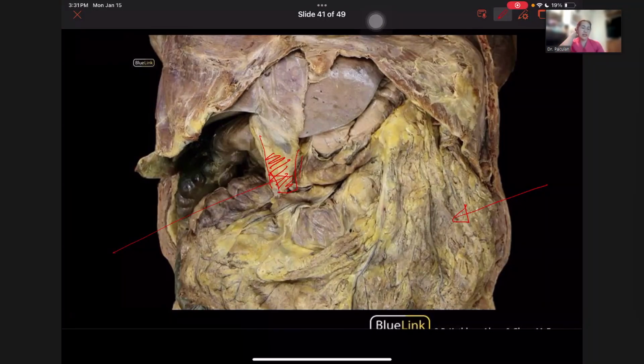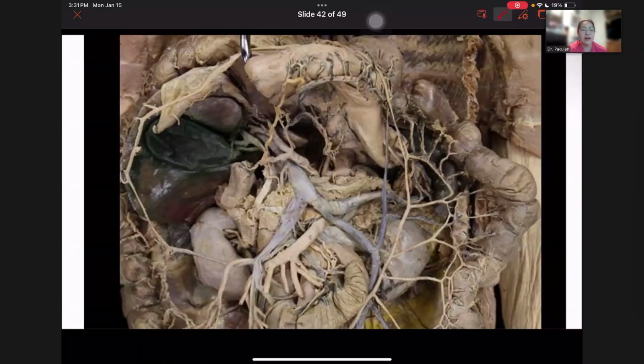Okay, now let's talk about the omental bursa or lesser sac. The greater omentum is considered your greater sac, but in your lesser omentum, when you open it, you can see your lesser sac or the omental bursa. It's a hollow space formed by your greater and lesser omentum and its adjacent organs.